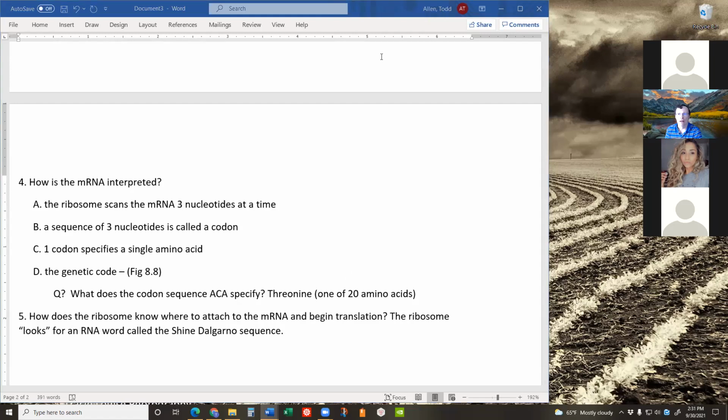So, Kit, you have a question. Is there a difference between ACA threonine and ACU threonine? Kit, the amino acids that come out of those encodings are chemically identical. There are some subtleties in terms of the transfer RNA molecules that bring the same amino acid.